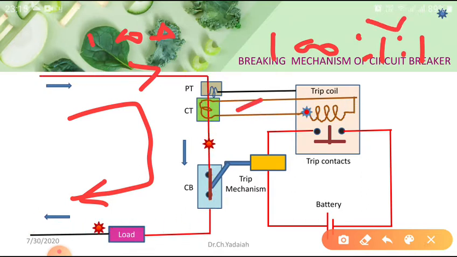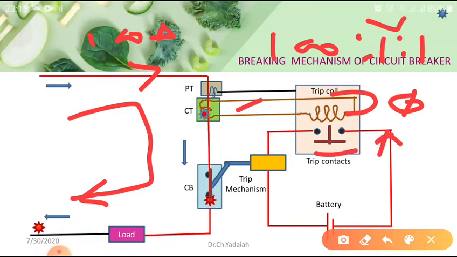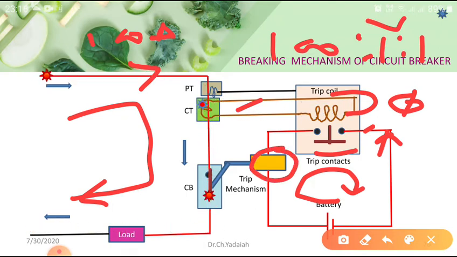The 1 ampere flows through the trip coil and produces flux. That flux is unable to pull the trip contacts upper side under normal condition, so the trip contacts are open. Our battery is not in the picture, so there is no supply to the solenoid coil of this mechanism, and no operation under normal condition.